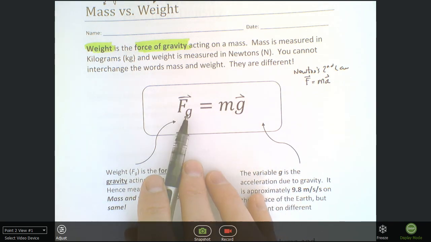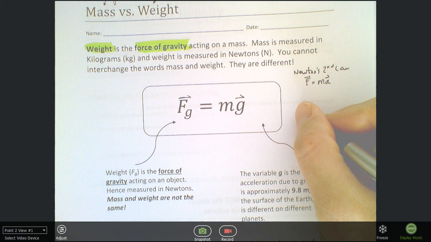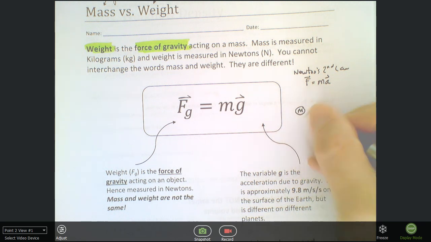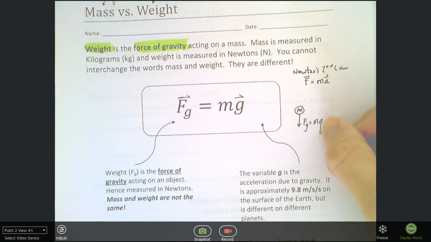That will tell you how much force is pulling down on some object with some mass. So if I have a mass m of an object, there would be a force of gravity pulling down that would be equal to m times the acceleration of gravity. And it's always pointing towards the object it's attracted to, in our case, towards the Earth.